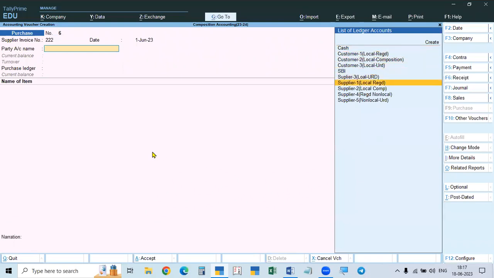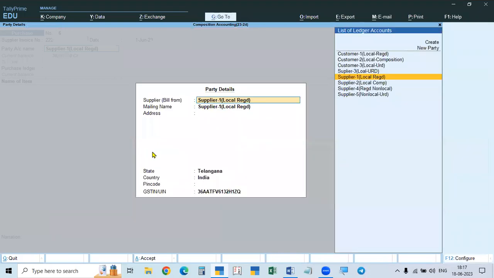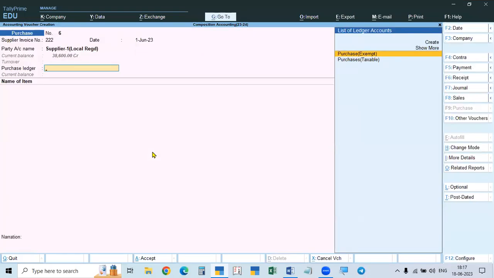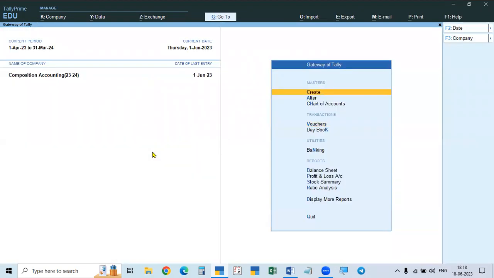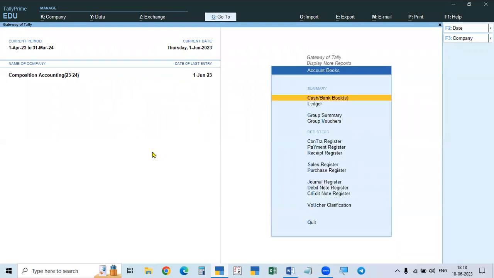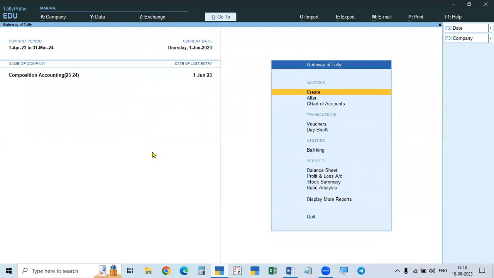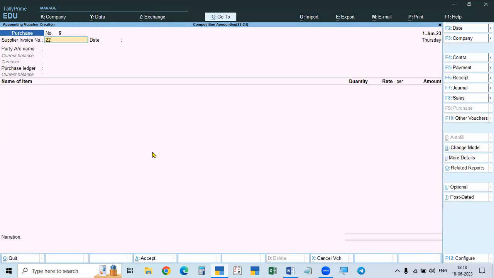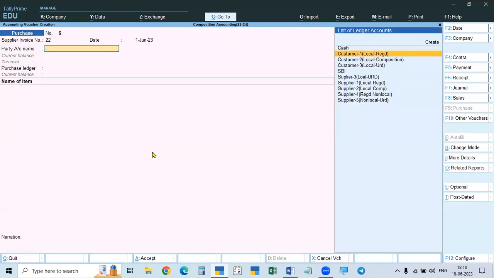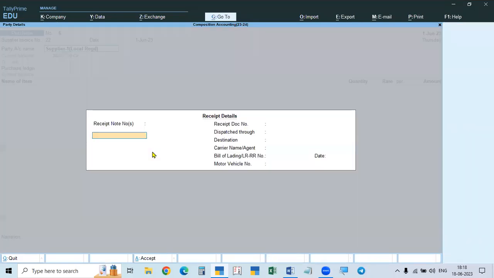Now we will take up purchase, registered local. Local registered person. Purchase local. Voucher, we will take up purchases, registered person, local registered person.